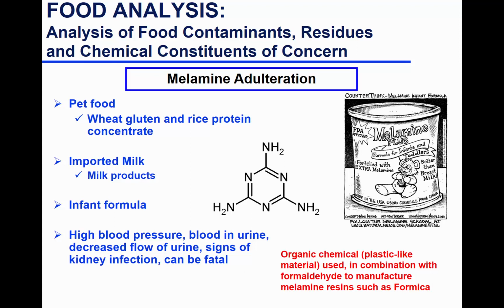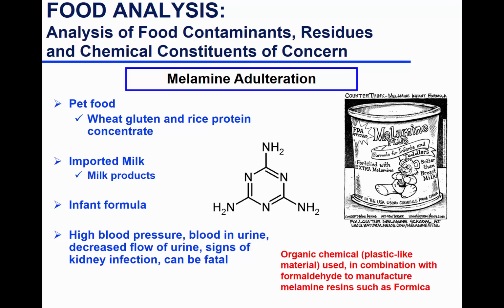Firstly it was detected in pet food, and then in infant formulas. Originally it passed detection because the methods used to detect protein are based on nitrogen, so it was not detected. But when illnesses were reported, these food products were analyzed further for adulterants, and they discovered the presence of melamine.